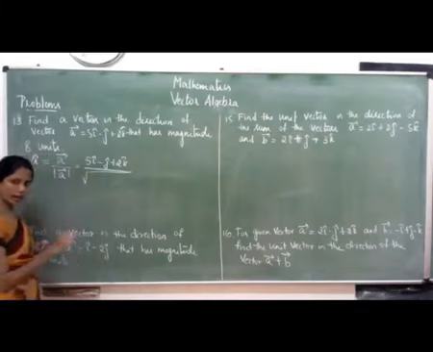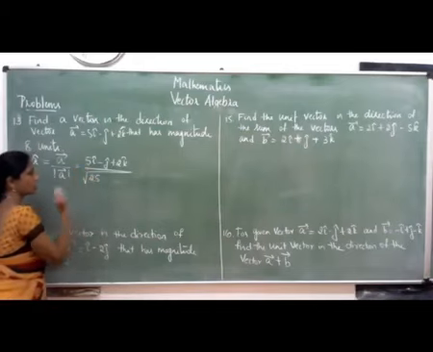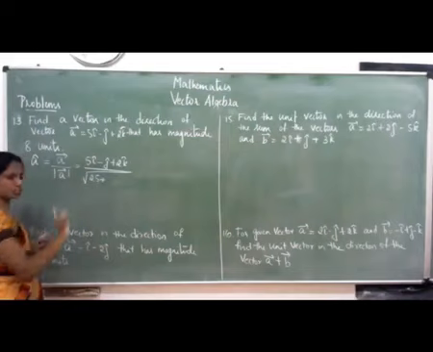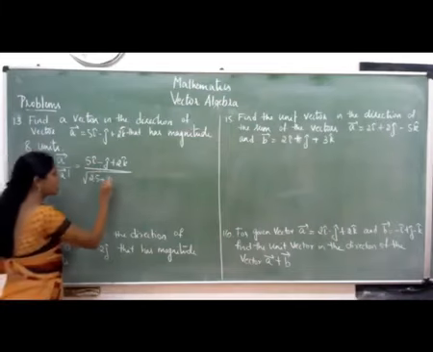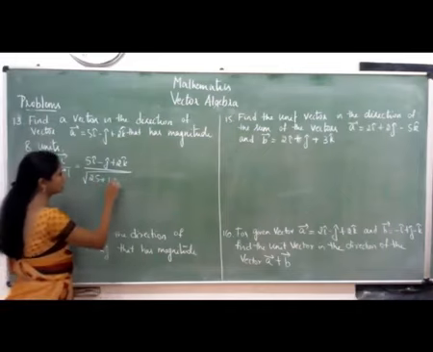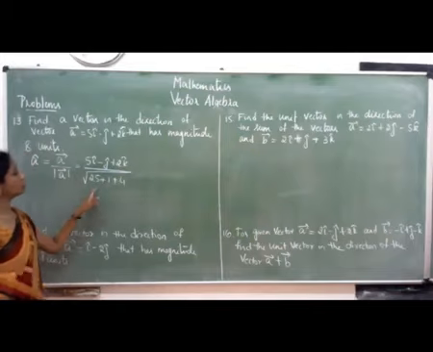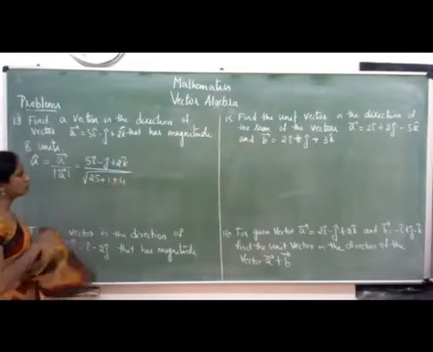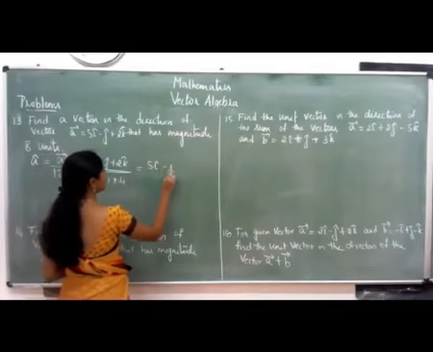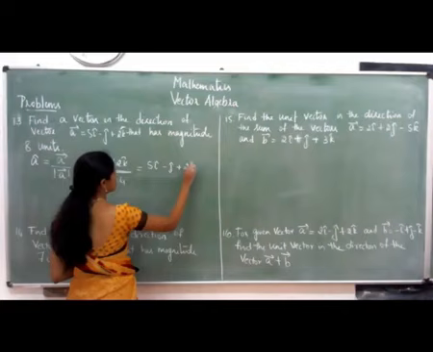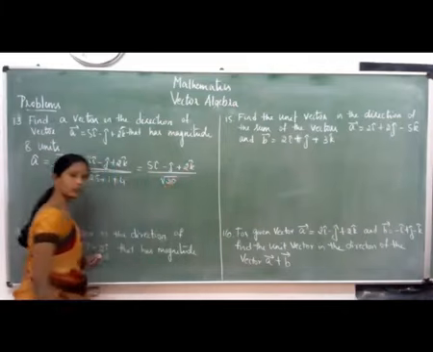So root of, I'm going to write it directly, 5 square, which is 25, then plus, always plus here, then minus 1 whole square, it will be plus 1, then again plus 2 square, which is equal to 4. So 25 plus 1 plus 4 is equal to 30. Therefore you have 5i cap minus j cap plus 2k cap divided by root 30.